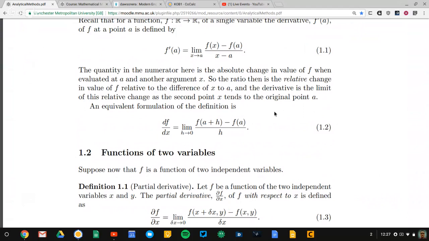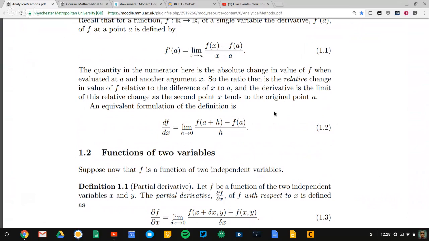So the new point is the old point a plus an offset, and the distance between x and a is now just the size of the offset, the distance between the base point a and the nearby point a + h. They're both the same thing, just expressed slightly differently.